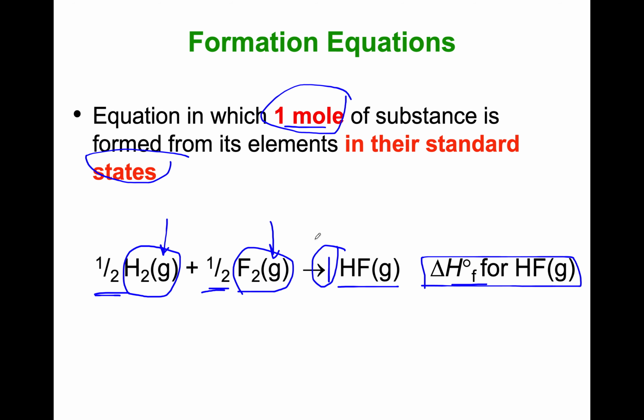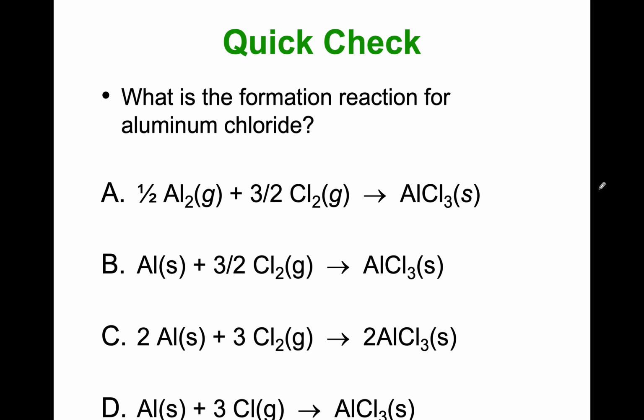Okay, so now you go for it. What is the formation reaction for aluminum chloride? What I encourage you to look at here is first, if it's not 1 mole, get rid of it. Okay, then we go over to the left side and say it should be elements in their standard state. Aluminum's a metal. It is not a gas in its standard state.